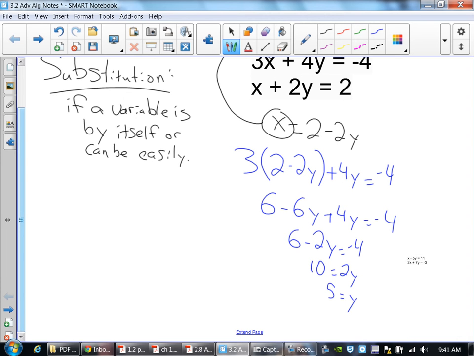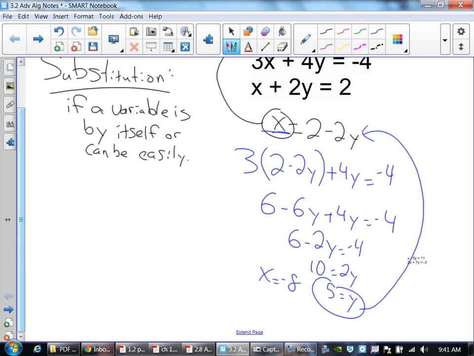Which means, to solve for x, all I have to do is put 5 back in for y. And I would do that here because I already have isolated x. So 2 minus 10 is -8, good.